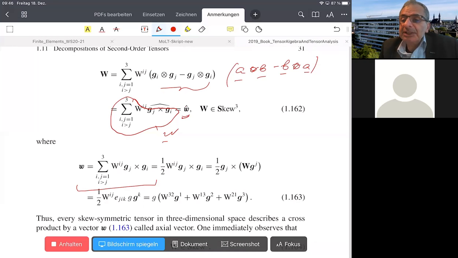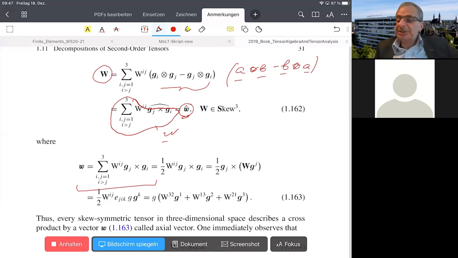We proved it, right? And now we show vice versa, that any skew symmetric tensor is a vector product, right? So there is a one-to-one correspondence. And this is exactly this proof, because we started with an arbitrary skew symmetric tensor and showed that it can be represented as a vector product by some vector W. And this W has this expression.